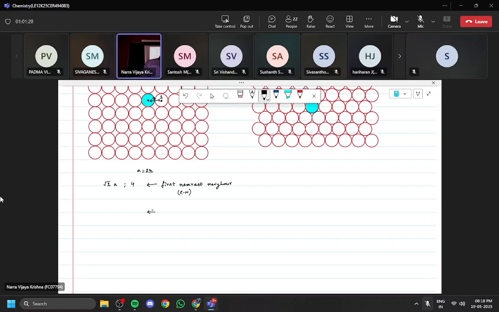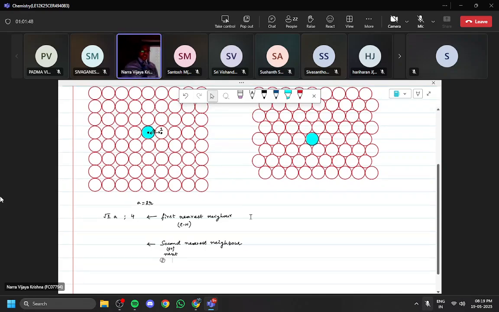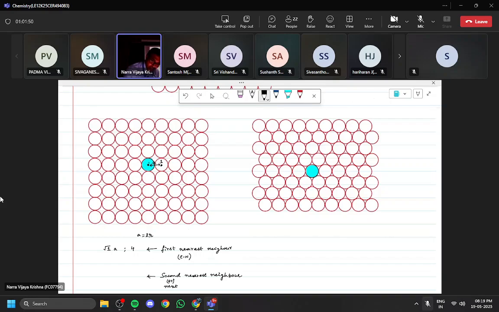Now, who is your second nearest neighbor? I also call it the next nearest neighbor. At what distance? He is the first nearest neighbor, then can I call this the second? He is the second nearest neighbor. Then what is the distance? Root 2a.